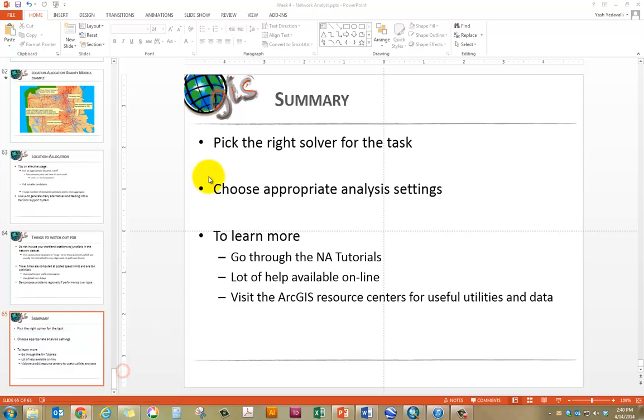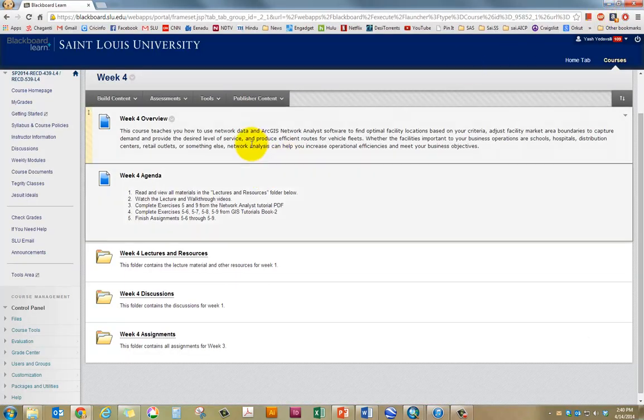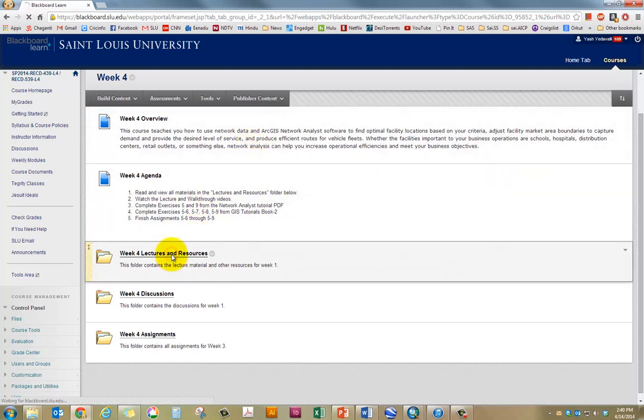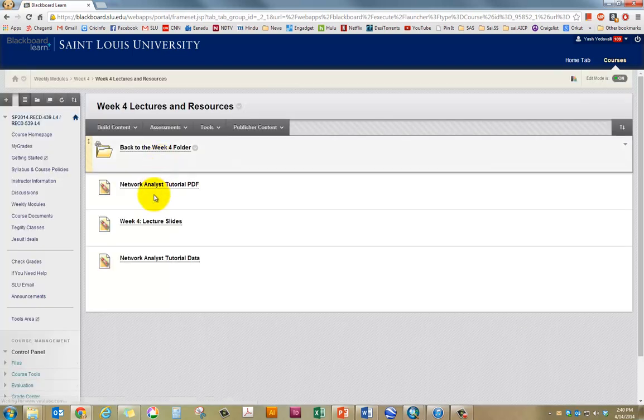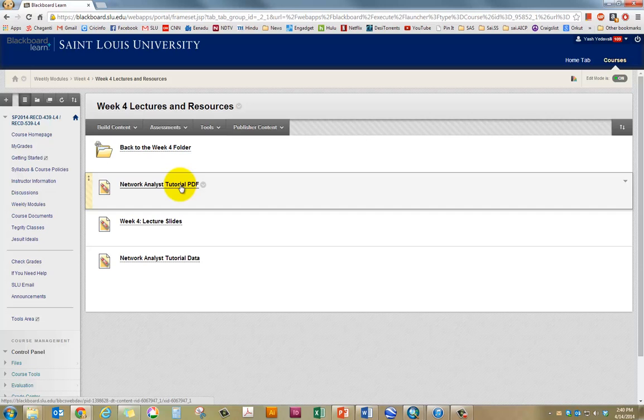Let's look at Blackboard once, because under lectures and resources, you have a PDF document, the network analyst tutorial PDF. Just download that, and we'll be working on exercise 5 and exercise 9, which is creating service areas and working on location allocation.